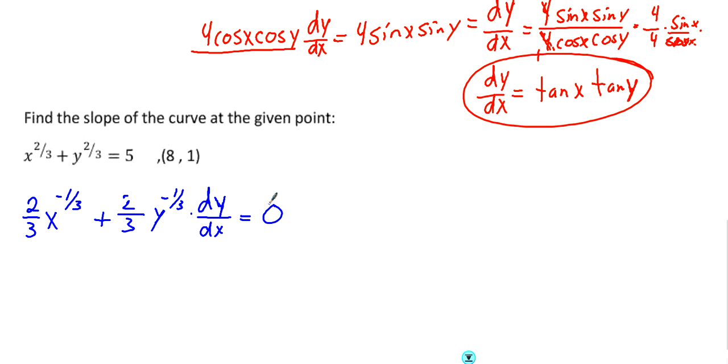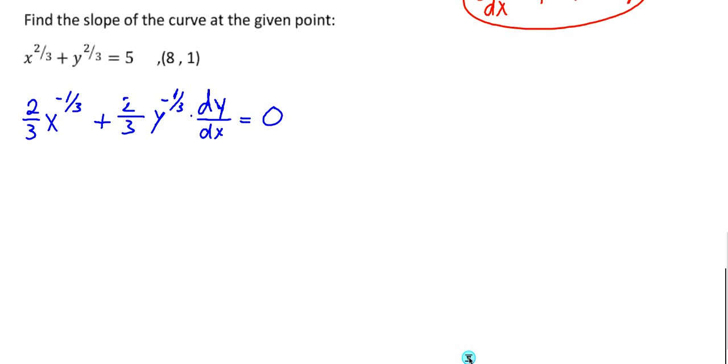Okay, so basically you end up with the same thing for both the x term and the y term, but you have an extra dy over dx there. Next, like I said, you get dy over dx by itself. So we're going to move the 2/3 x to the negative 1/3 power to the other side.